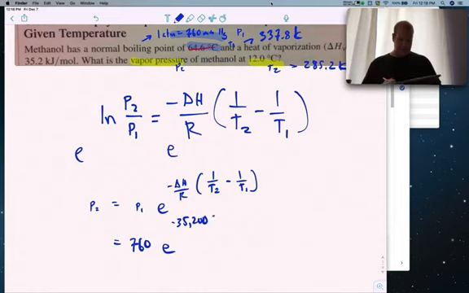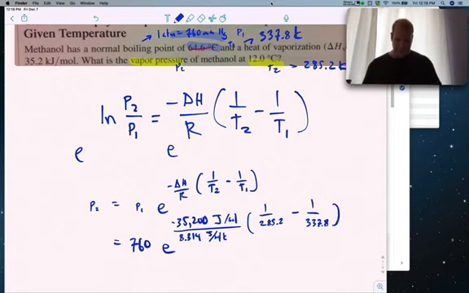So that's kilojoules, I always write out the joules, and R is 8.314 joules per mole Kelvin. So times the quantity 1 over T2, 1 over 285.2 minus 1 over 337.8.